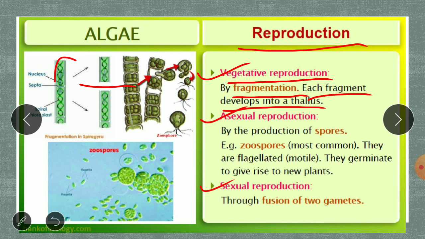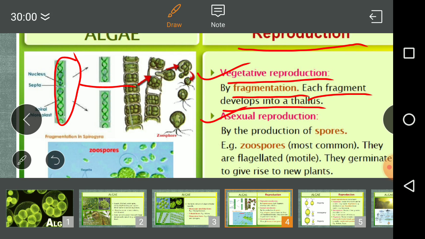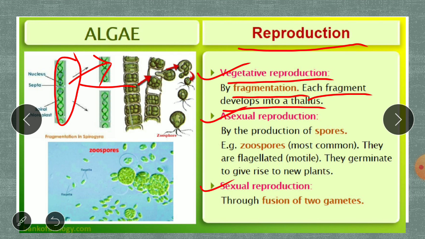So as you can see, suppose this is your organism, you cut it into two, then this can grow into a complete new organism, and this can again grow into a new organism. So from one, two or many organisms can be brought out by fragmentation.